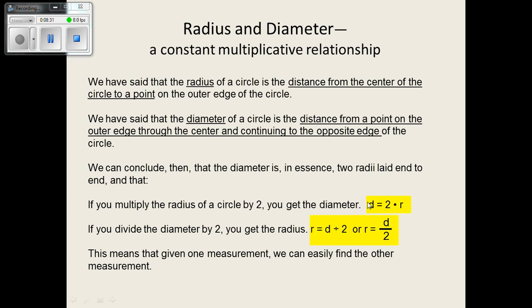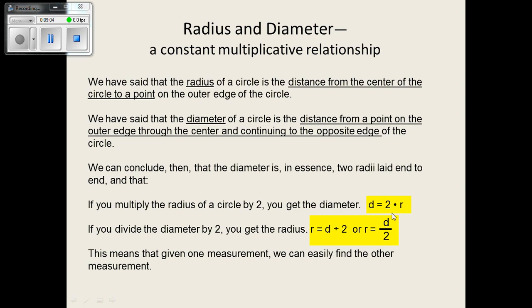And that gives us this first equation in yellow here. Our diameter is equal to 2 times our radius. Inversely, if we divide the diameter by 2, we'll get the radius. So we get these two equations here. These both mean the same thing. This one says radius equals diameter divided by 2.